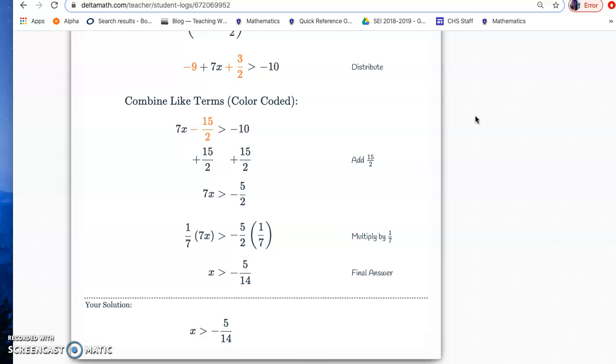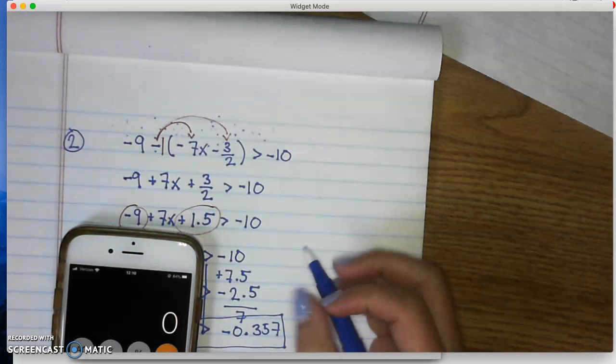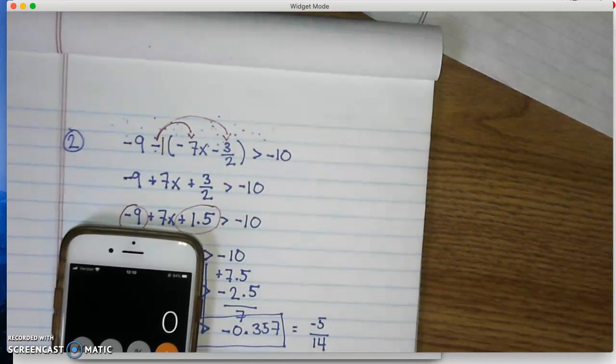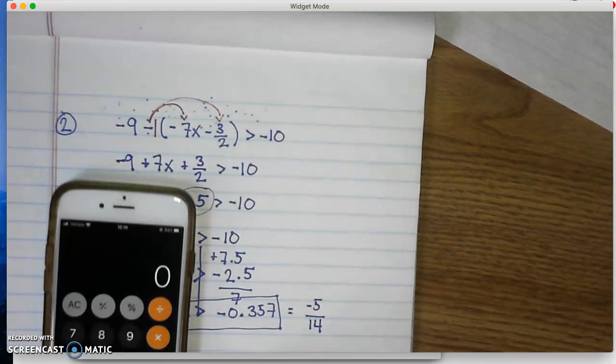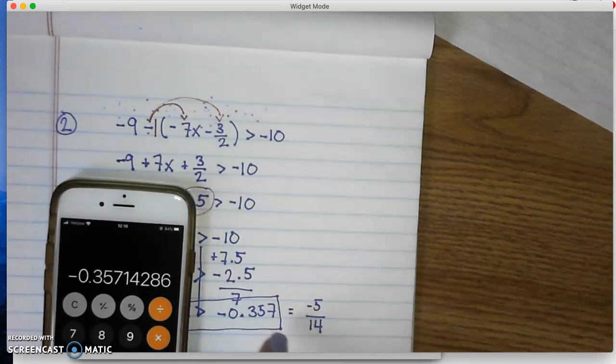Which if you put it in the calculator, 5 negative divided by 14 is the same thing. In Delta Math, they have -5 divided by 14 as the answer, which is the exact same. So 5 negative divided by 14 is the same thing.